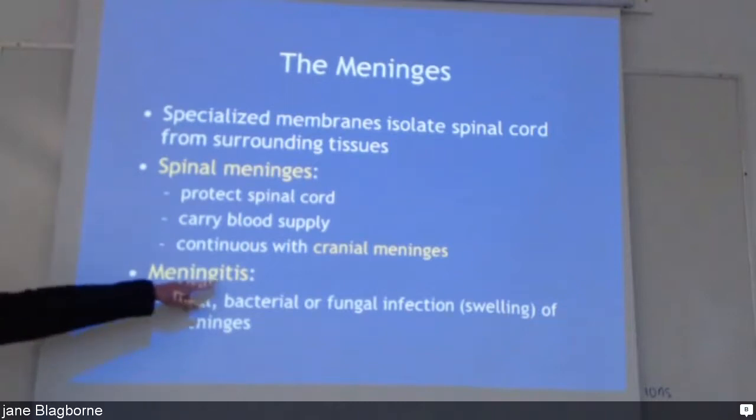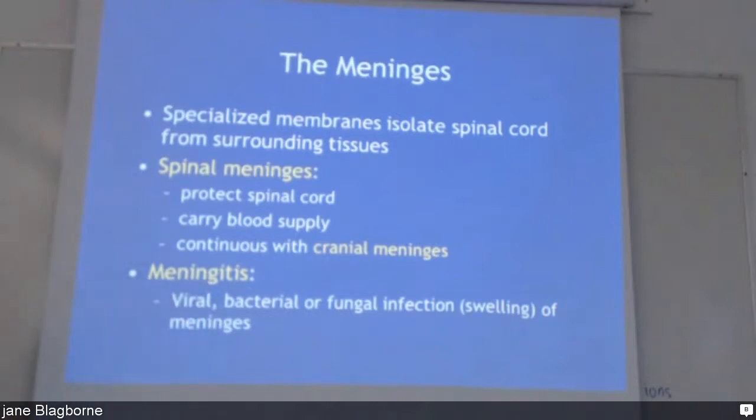Meningitis, you've all heard of spinal meningitis, and that's what happens when the meninges, that lining around the spinal cord and brain, becomes inflamed and infected, and can be very serious. Haemophilus meningitis has been responsible for quite a few deaths in teenagers. For some reason, they succumb to it.